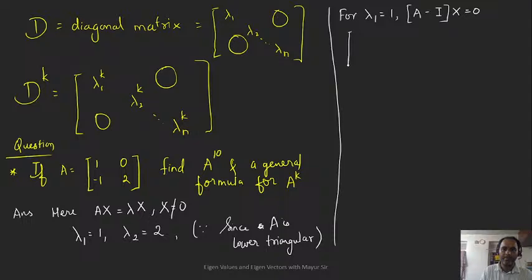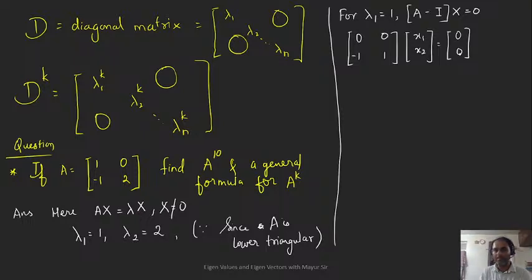So what we do is 1 minus 1 is 0, 0 here, 1 and minus 1, times x1 x2 equals 0 0. Now when we calculate here, we get minus x1 plus x2 equals 0.